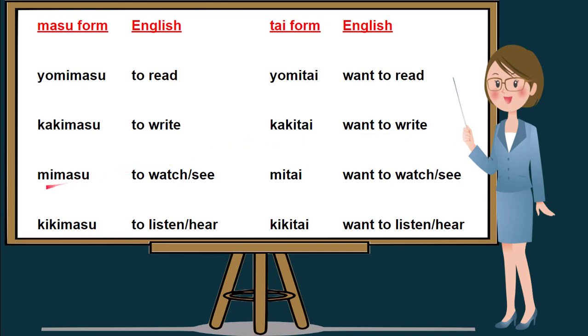Next is mimasu, meaning to watch or to see. So, if we add tai at the end of mi, which is mitai, it means want to watch or want to see. Next is kikimasu, which means to listen or to hear.